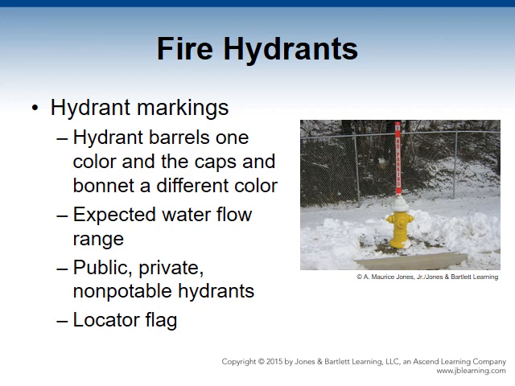Some localities use different color codes for public, private, and non-potable hydrants. Many jurisdictions with significant snowfall and other environmental conditions mark hydrants with a locator flag that attaches to the hydrant by a spring-loaded wire pole, so they may be found.